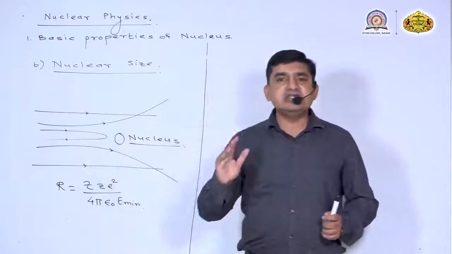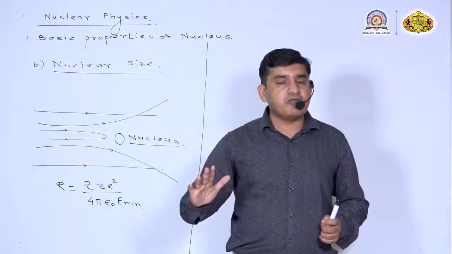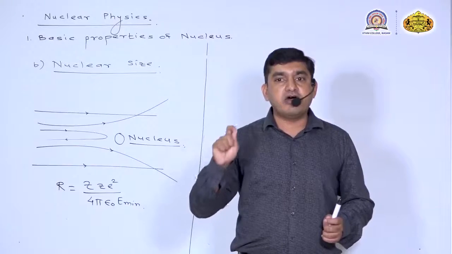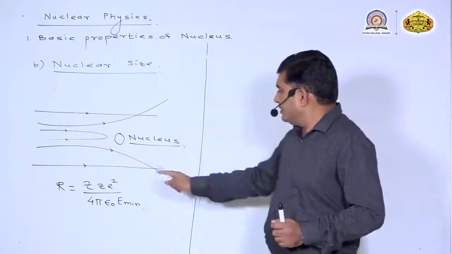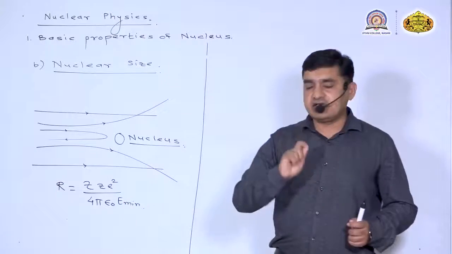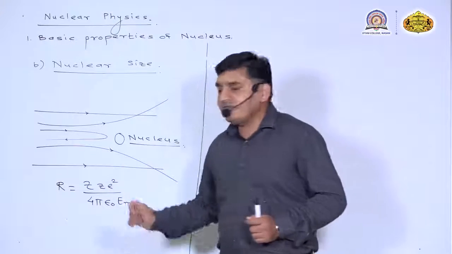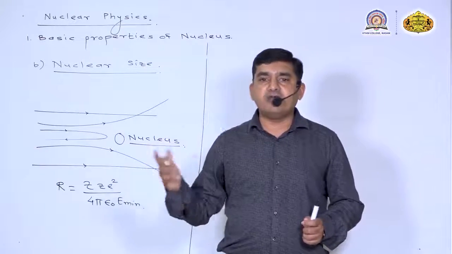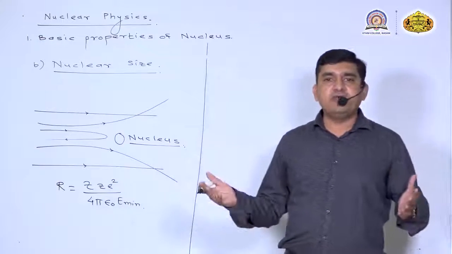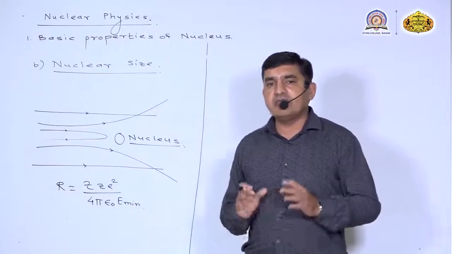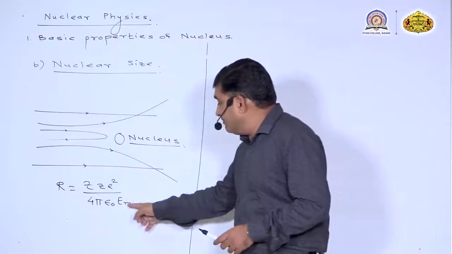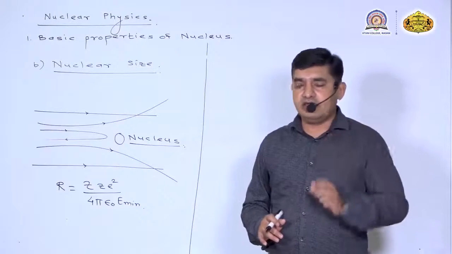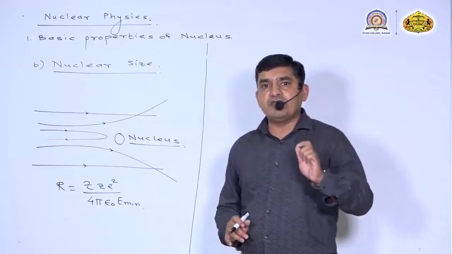Small z is the atomic number of the alpha particle, that is the atomic number of helium. e is the charge. Here epsilon is the permittivity of free space or vacuum, and its value is 8.85 into 10 raised to minus 12, and E minimum is the minimum energy of the alpha particle.